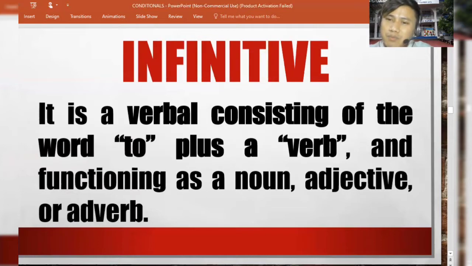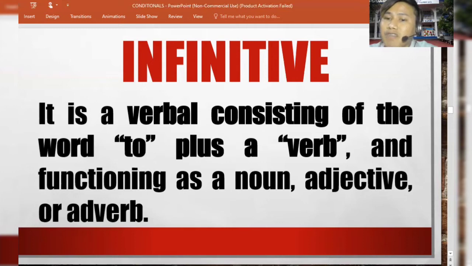So whenever we hear the word infinitive, if you have already learned about gerunds, it is more likely remembered with the word to. As you can see on your screen, it says there that it's a verbal consisting of the word to plus a verb.